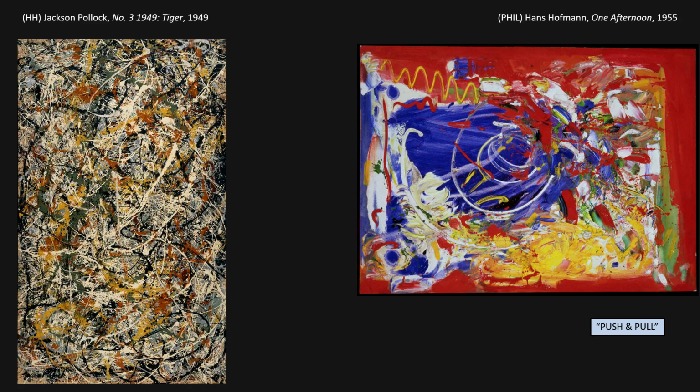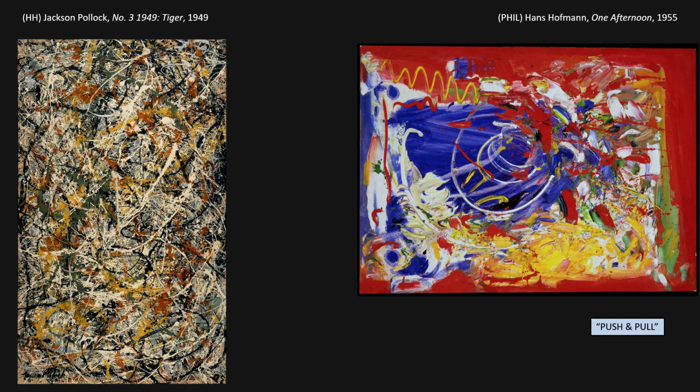Okay? So Hofmann is focusing on that inherent tension in painting between the way in which the surface pushes. That's the push of the push and pull, right? It asserts itself forward. And the way in which the paint creates a dynamic of space. That's the pull. Pulls you into it. And for Hofmann, it's all achieved via color.